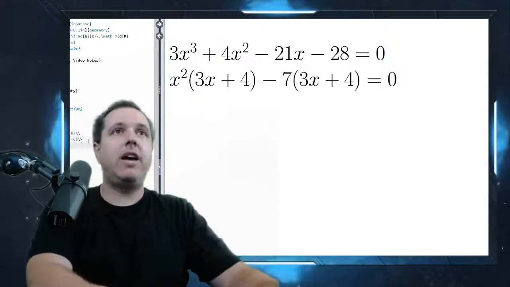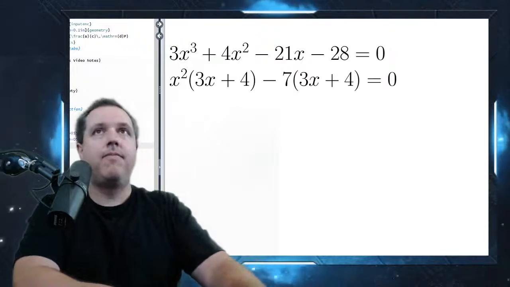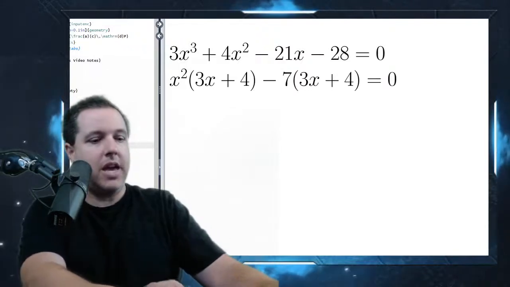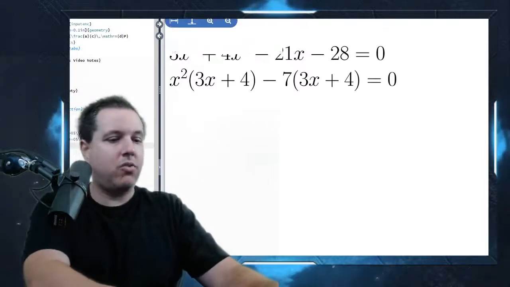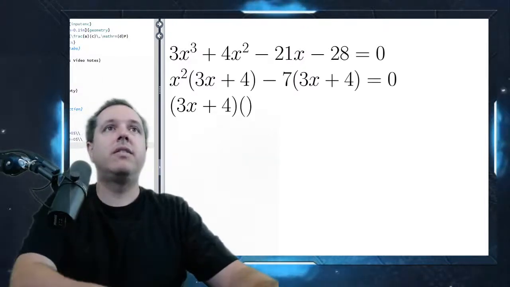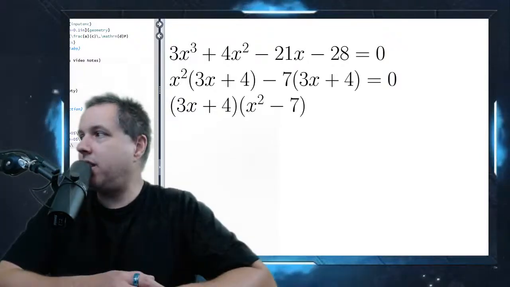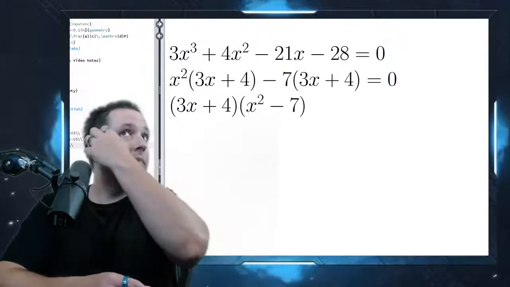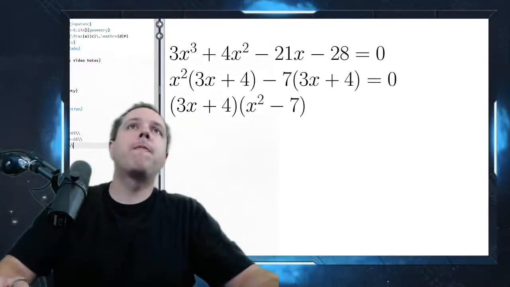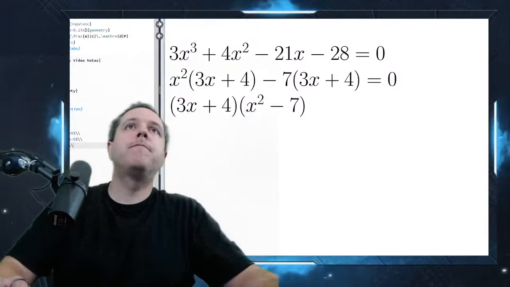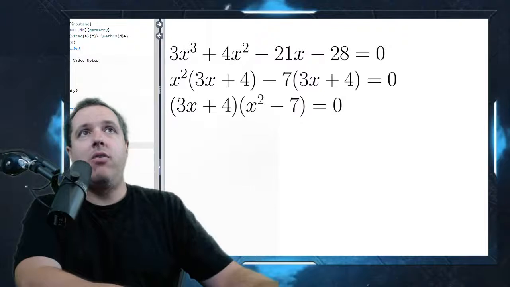So when I do that, I've got the 3x plus 4 that I pulled up to the front, and then I've got an x squared minus 7, and still equals 0. We're still keeping that equation in there. Okay. Now, what do we do?